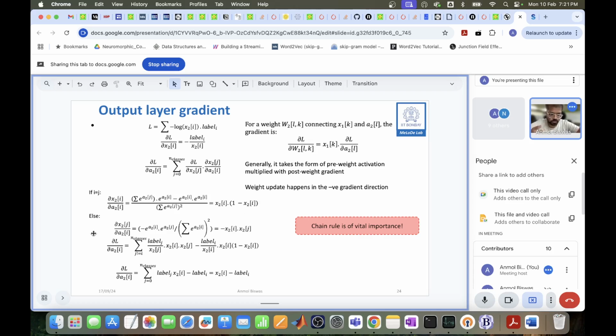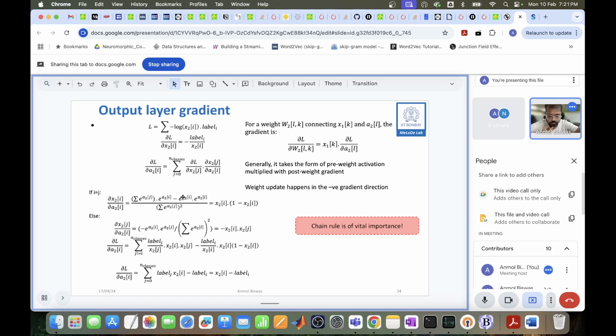And then we'll move on to the other condition, which is when i is not equal to j. So we are looking at the situation where the pre-activation for some element is affecting the softmax of some other element. Here you are computing the gradient of x2 of j with respect to a2 of i, and we apply basically the same division rule again.